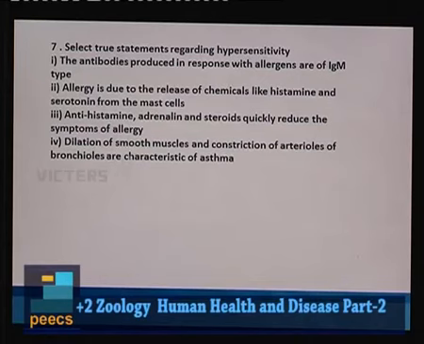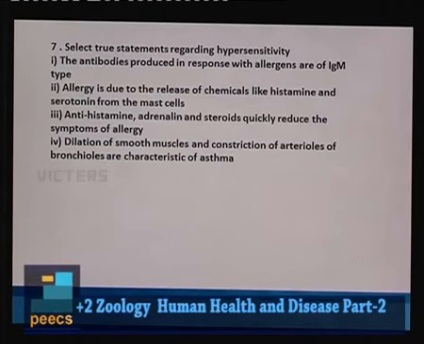Dilation of smooth muscles and constriction of arterioles of bronchioles are characteristic of asthma. Asthma is also a type of hypersensitivity, an allergic condition. But in this statement, the smooth muscles are said to undergo dilation. It is wrong.